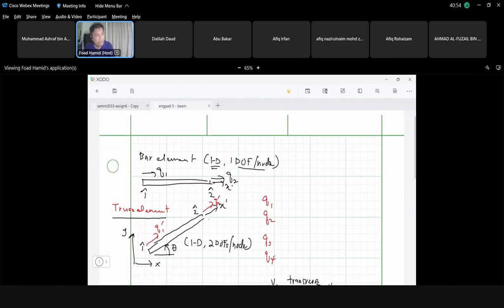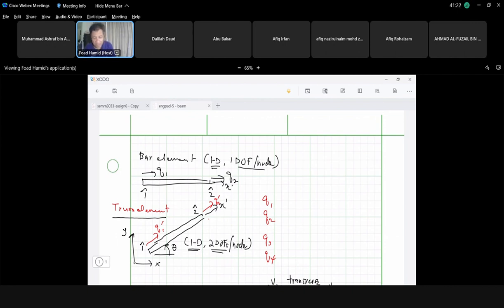And then after that, we tilted, or we put the bar element at an angle. So now, this is what we call the truss element. And you can see that for truss element, it is still 1D, but 2 degrees of freedom per node, because we have the horizontal and the vertical displacement. So that's how we progress.